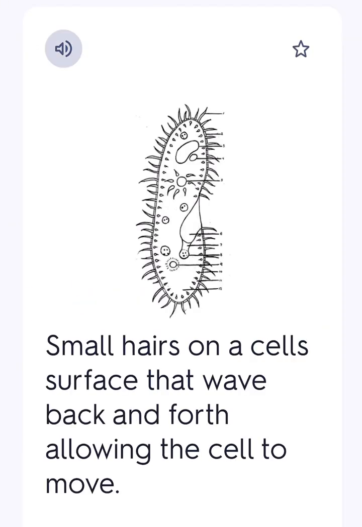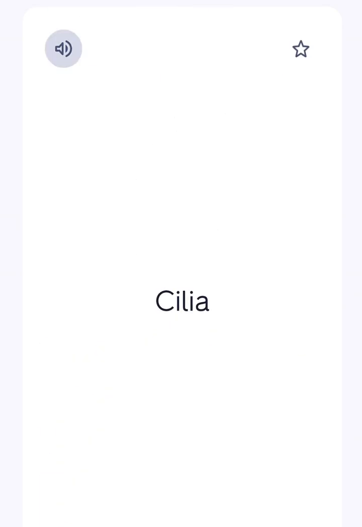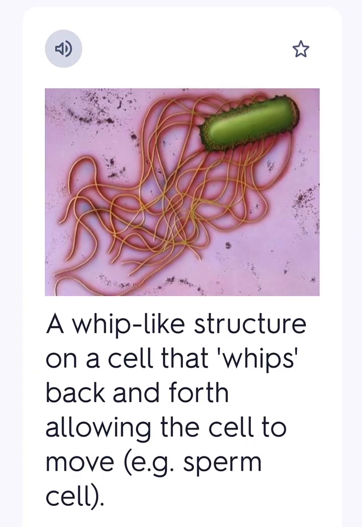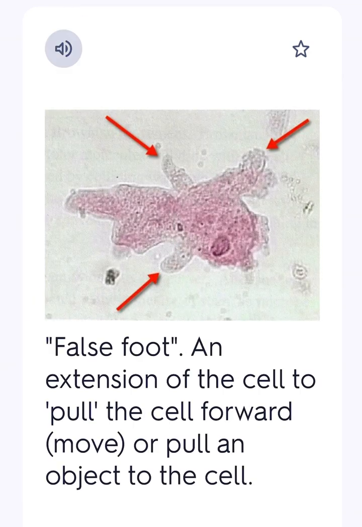Small hairs on a cell surface that wave back and forth allowing the cell to move. Cilia. A whip-like structure on a cell that whips back and forth allowing the cell to move. Flagella. False foot. An extension of the cell to pull the cell forward or pull an object to the cell.